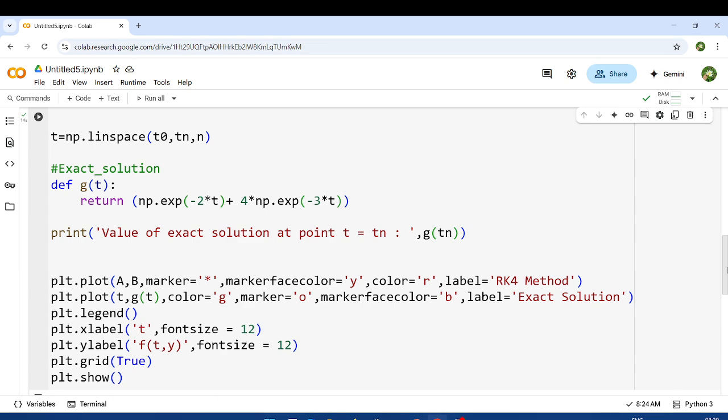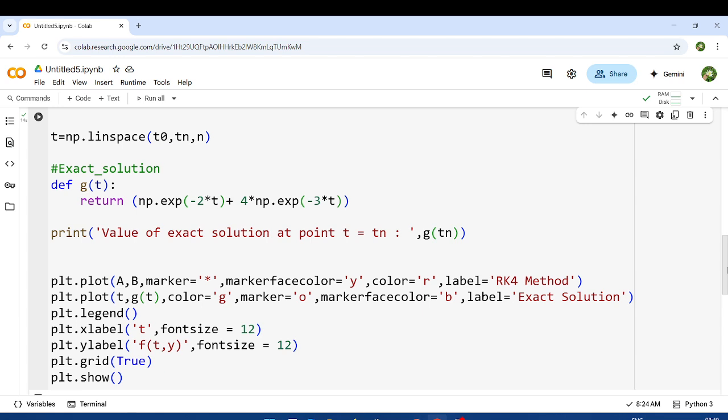Here t0 is the initial point, tn is the final point and n is the number of points. And then I have defined the exact solution which is given in the question, that is def g of t, and then return np.exp of minus 2t plus 4 into np.exp of minus 3t, and then print the value of the exact solution at the point t equals tn, that is g of tn.